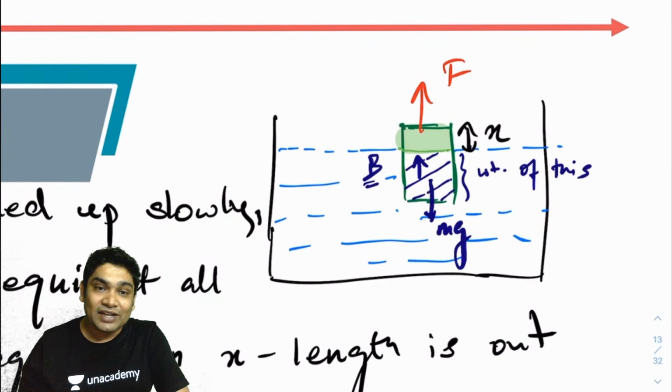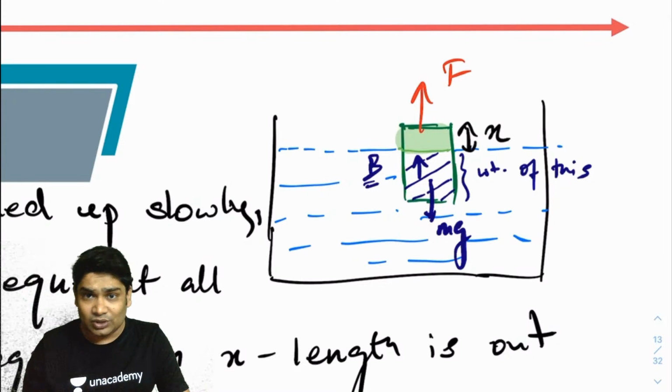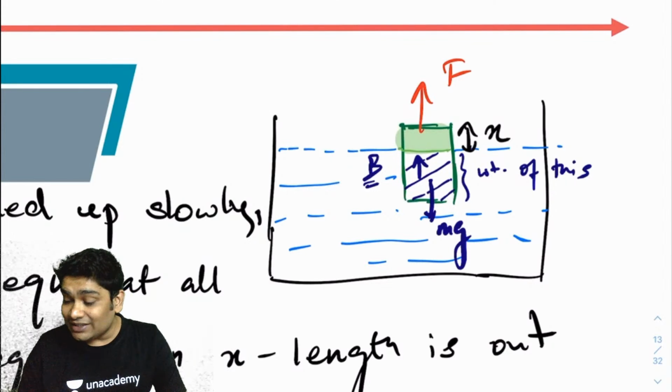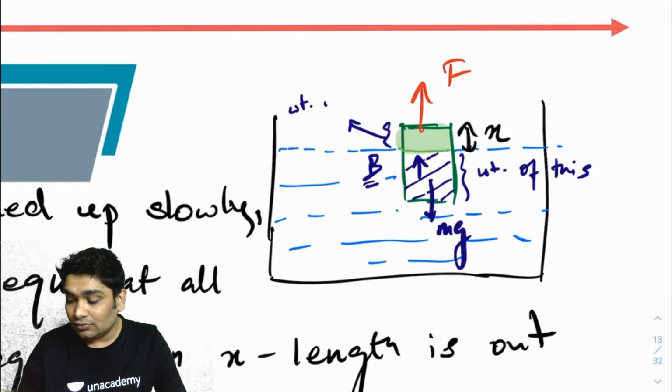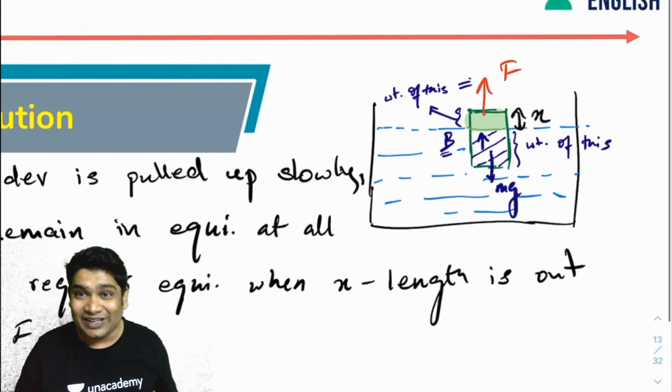Buoyant force is the weight of the liquid displaced, and since the density of water and the cylinder are the same, the weight of the submerged part equals the buoyant force. So these two balance each other out, and F has to just balance the weight of the part that is out. Got it? Now is it clear?